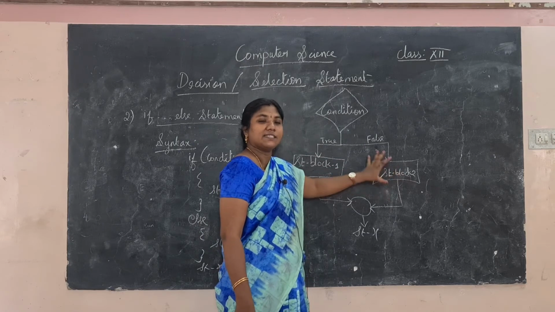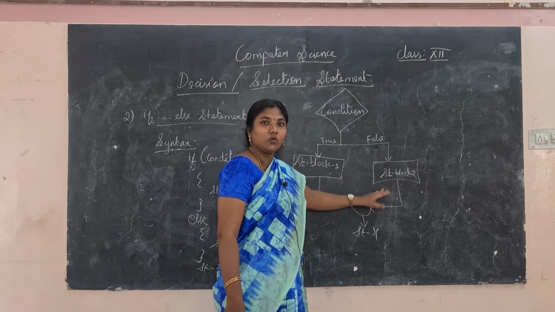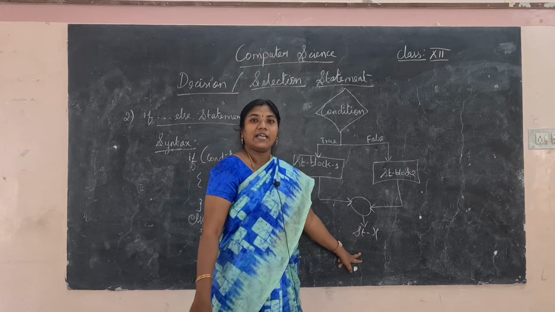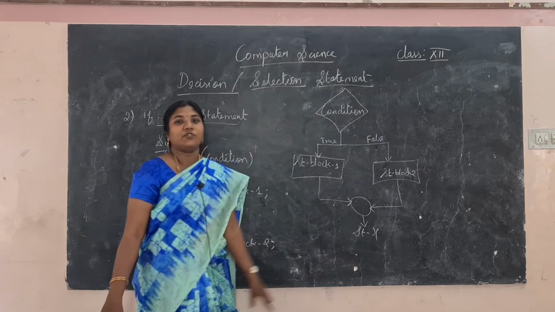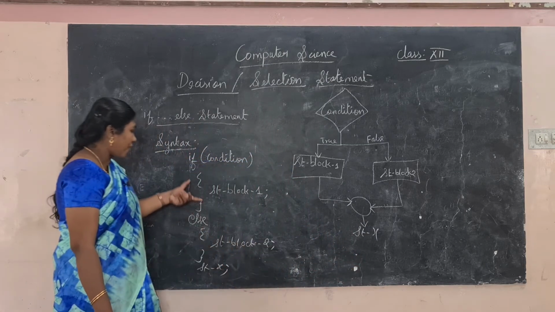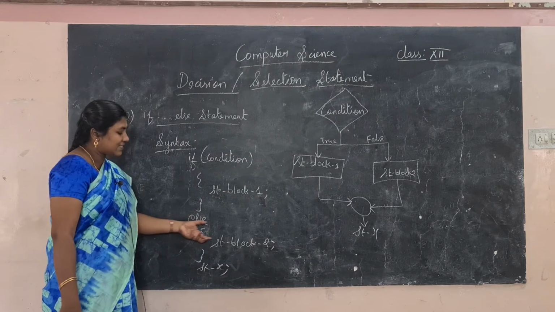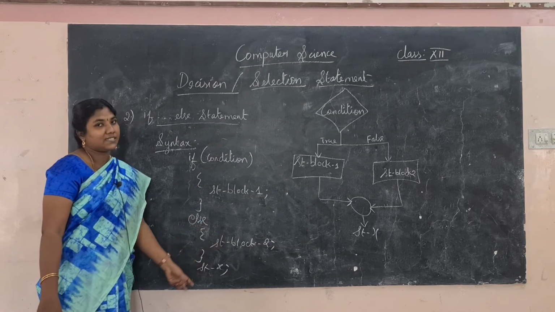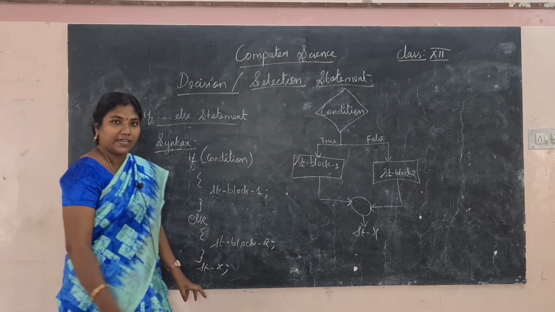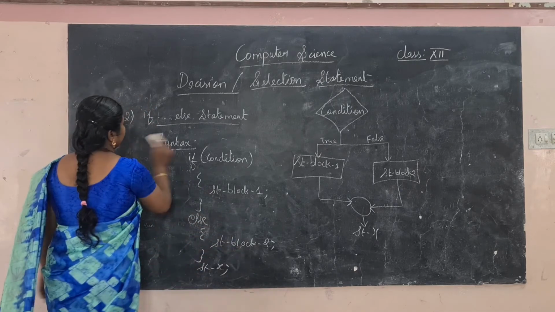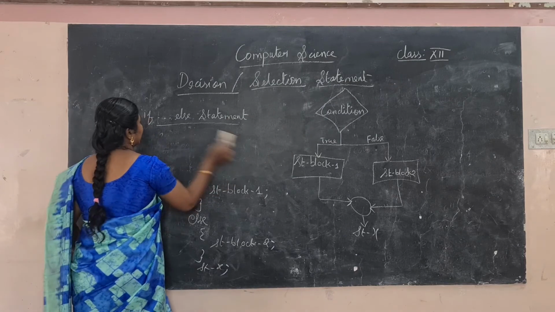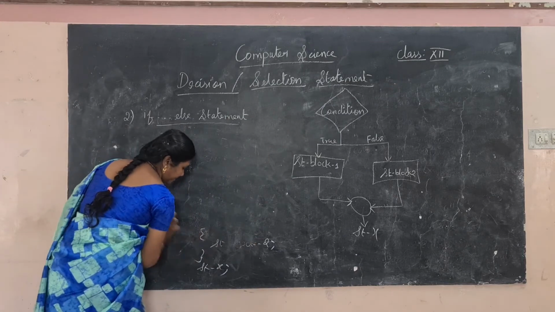After executing the statements inside statement block 2, it will come to the statement X. So true means it will come here and then statement X. False means statement block 2 and then statement X. Clear? So now let us see a program for the if-else statement.